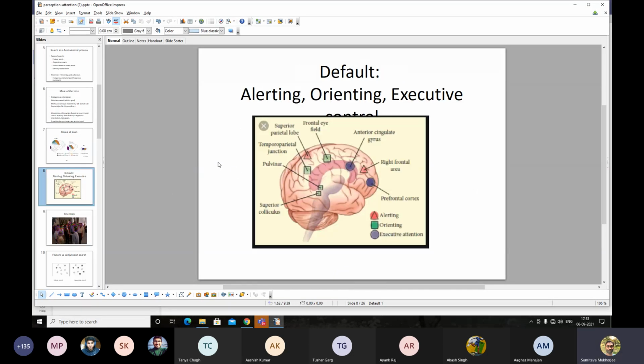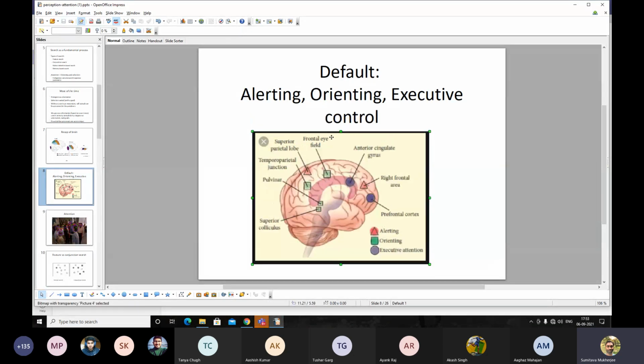Now, if you look in more detail, you see that attention typically consists of three things. One is alerting. Once you're alerted, you orient, which means you detect a certain subset of your environment to have higher value, and accordingly you look at that side.